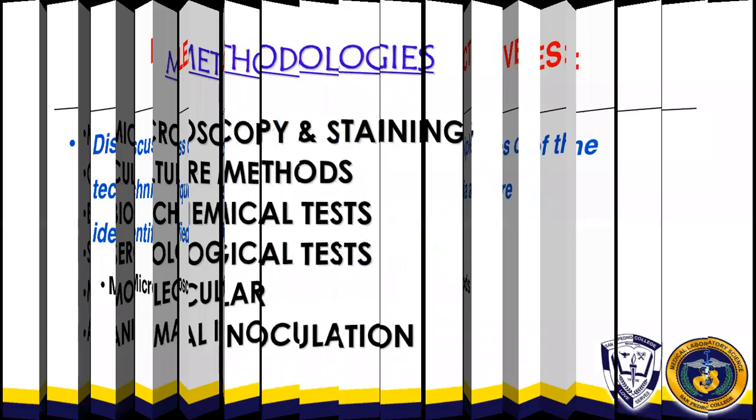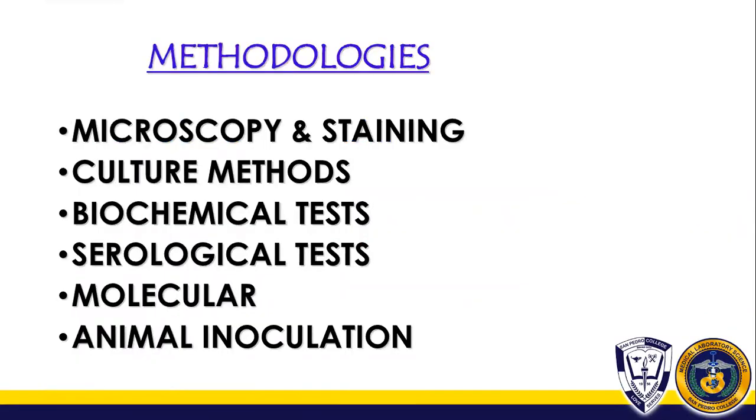Now, to provide you with an idea of the entire lineup of methods that we usually use to identify organisms in a specimen, these are the methodologies. We start out with microscopy and staining. This method allows us to observe the morphology, viability, and motility of microorganisms.